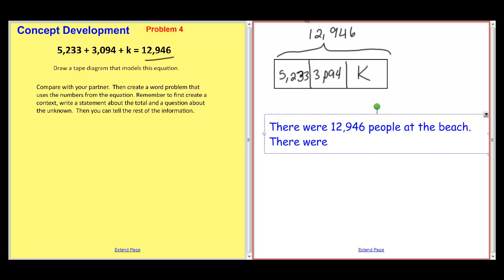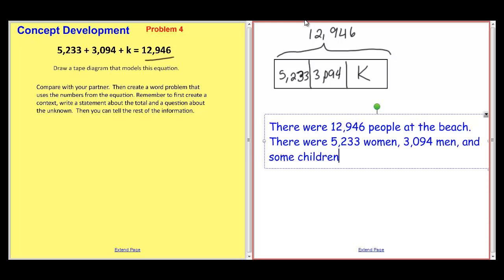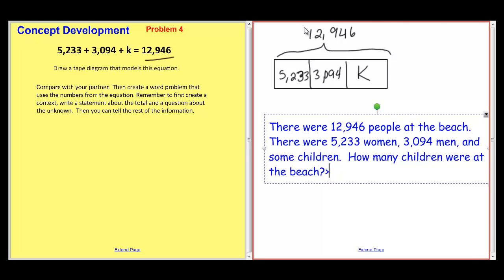There were 5,233 women, 3,094 men, and some children. How many children were at the beach?